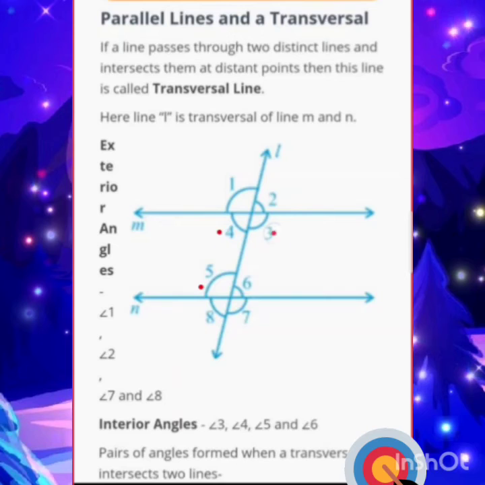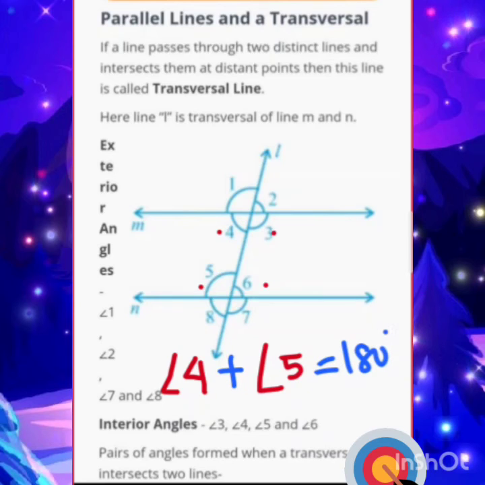So angle 4 and angle 5 are co-interior angles. This is one pair of co-interior angles, and dear student, please remember their sum is always 180 degree. Simply put, these two angles are supplementary angles, because their sum is 180 degree.